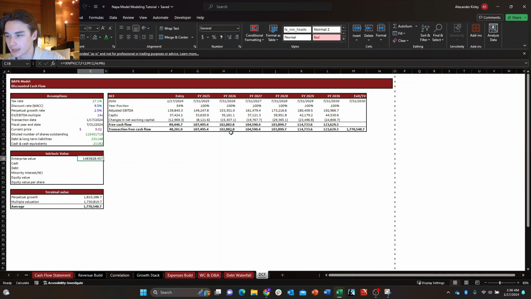However, this is taking into account the entire capital structure, including debt, minority interests, preferred equity. We only want what is available to our equity holders so we can get down to a price per share.